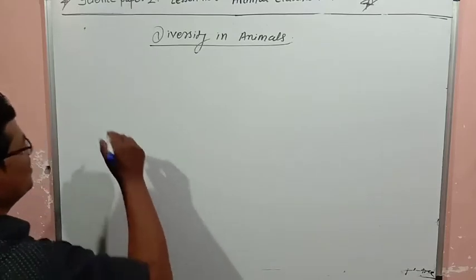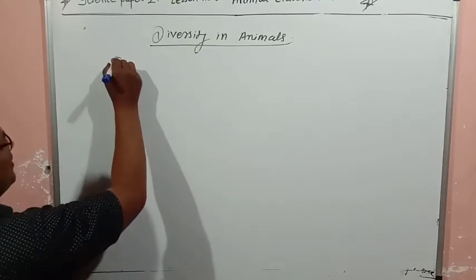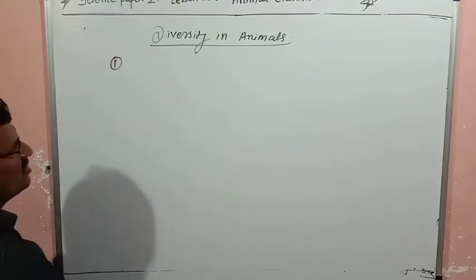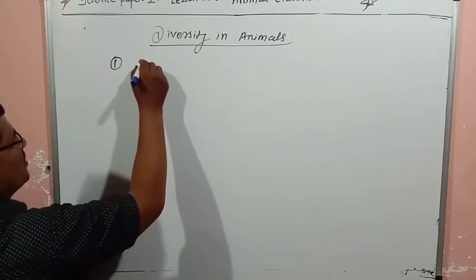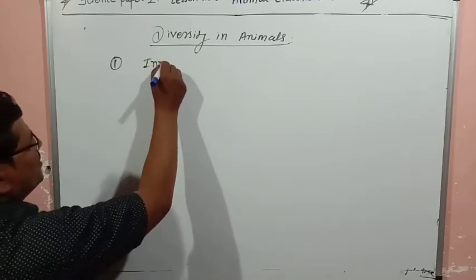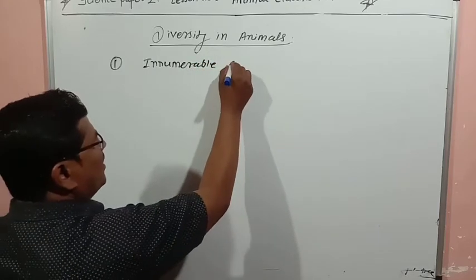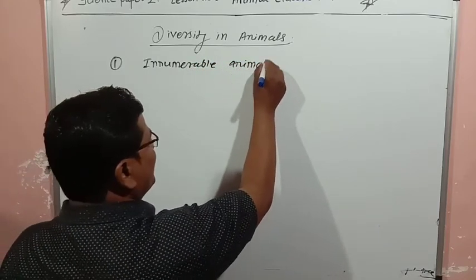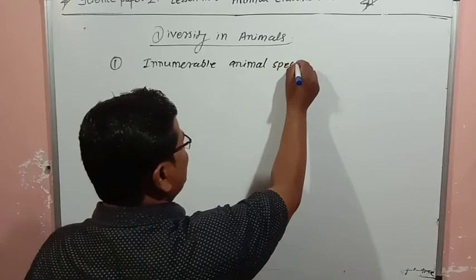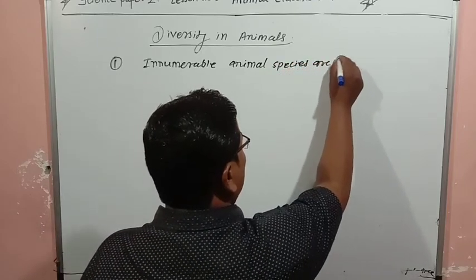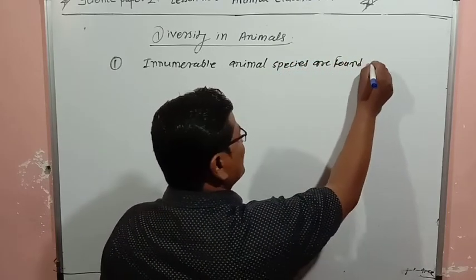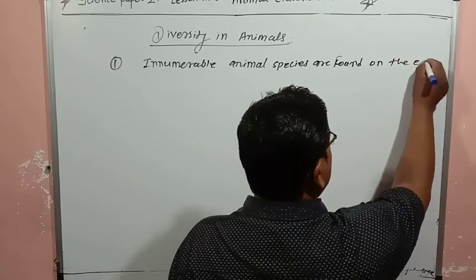Now, diversity in animals. What type of diversity is there? First, innumerable animal species are found on the earth.